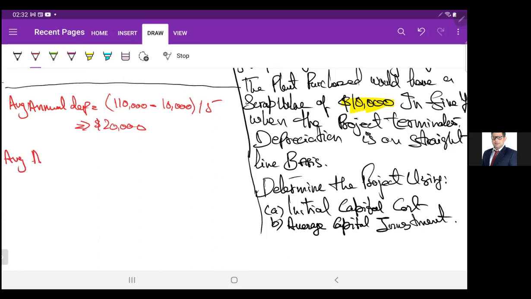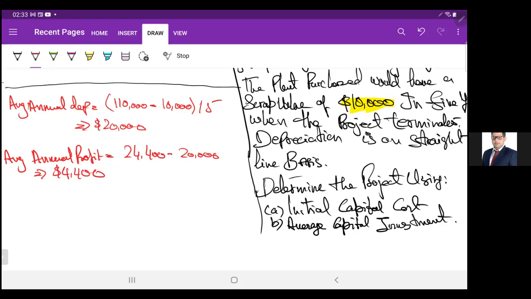Average annual profit is equal to 24,400 minus 20,000. We will get $4,400.